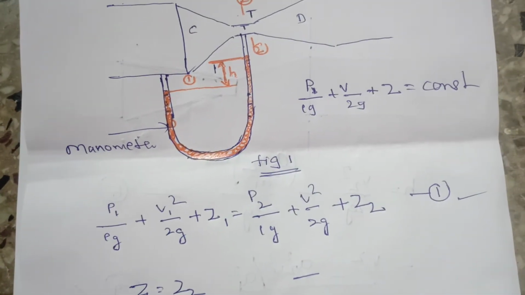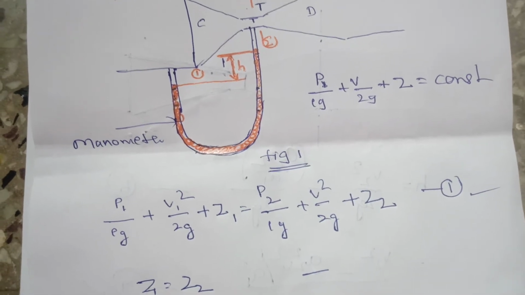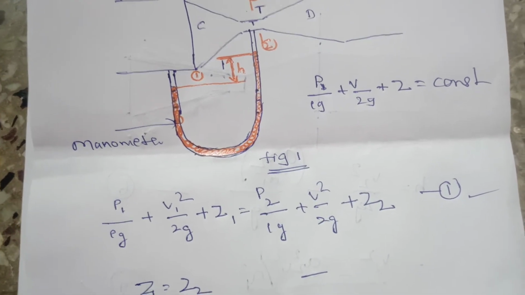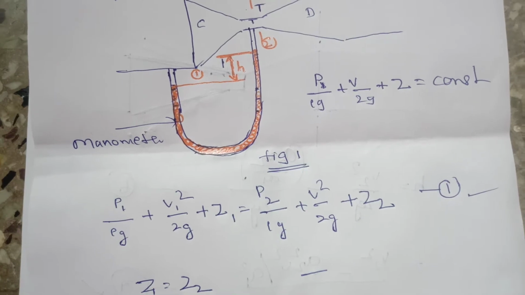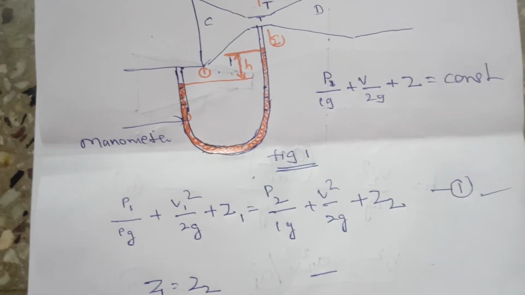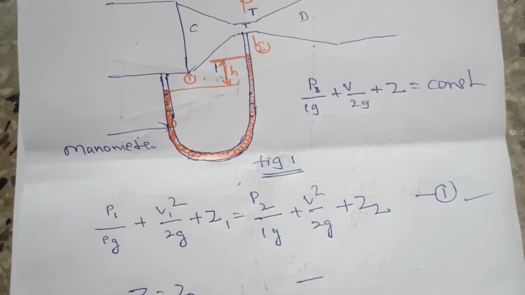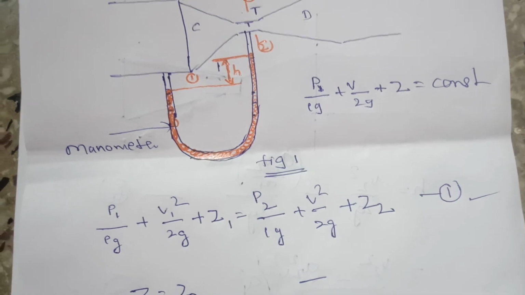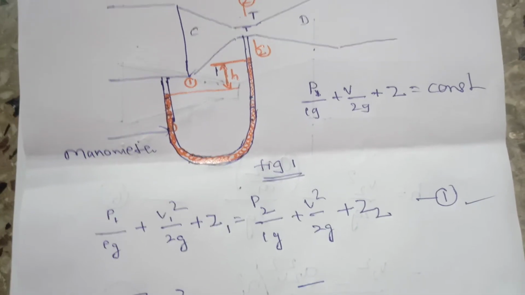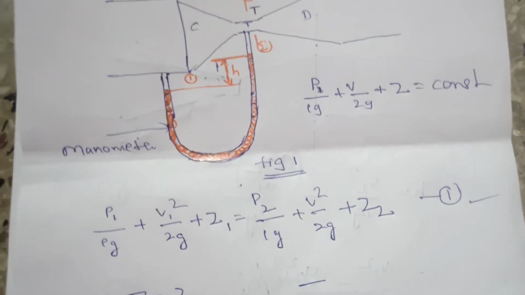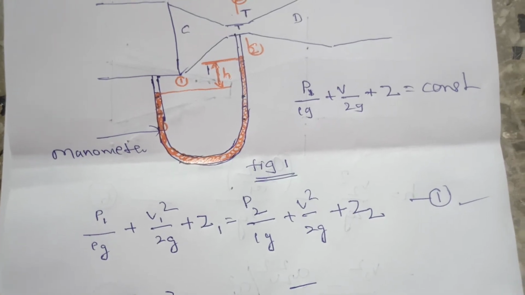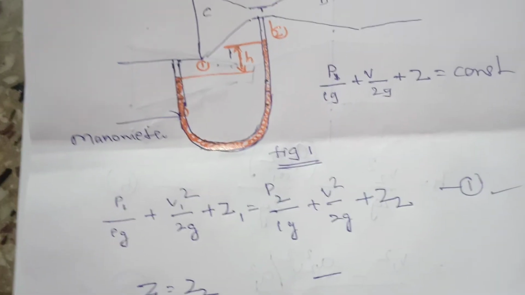So Bernoulli's equation becomes P1 by rho g plus V1 square by 2g plus Z1 is equal to P2 by rho g plus V2 square by 2g plus Z2. That is equation 1.